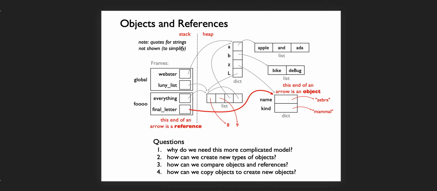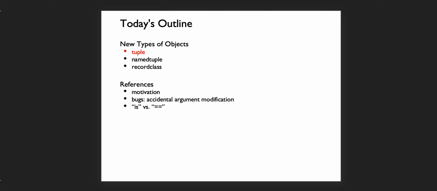One thing we have seen so far is that we can use the double equal operator to compare two different objects. For instance, you can compare two different lists by saying L1 == L2. So we are going to talk about how to compare the references themselves using an operator called is. And we are also going to talk about how to create copies of objects.